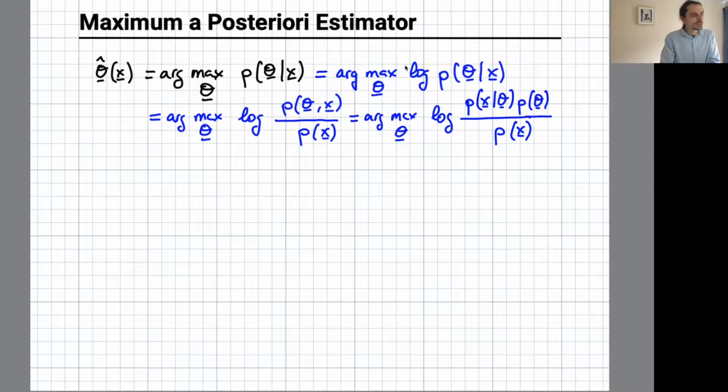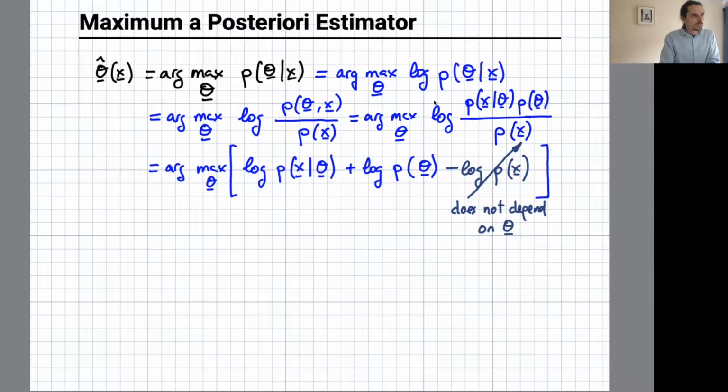So this is precisely what we did in the previous lecture to express a posterior PDF in terms of the likelihood, the prior, and its normalizing coefficient, okay?